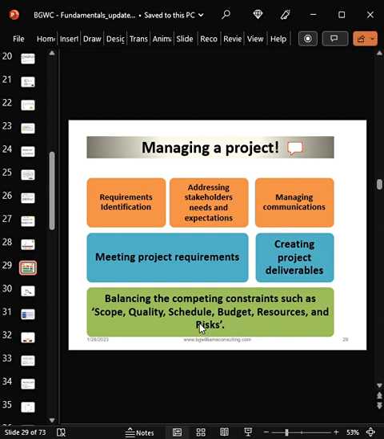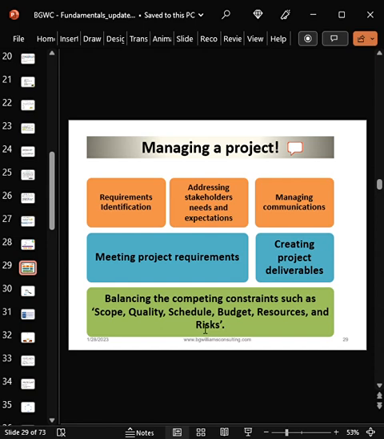That is how important it is for you as a project manager to keep balancing competing constraints. So an adjustment in one constraint automatically affects every other constraint. So, because that is a proof point, you must balance each of your constraints.